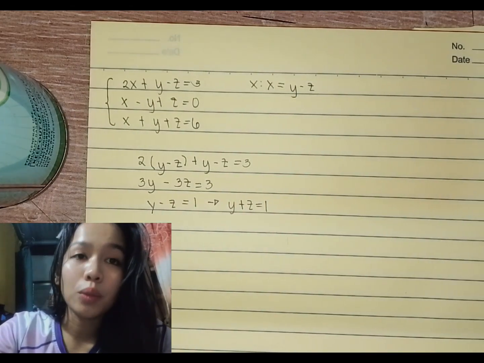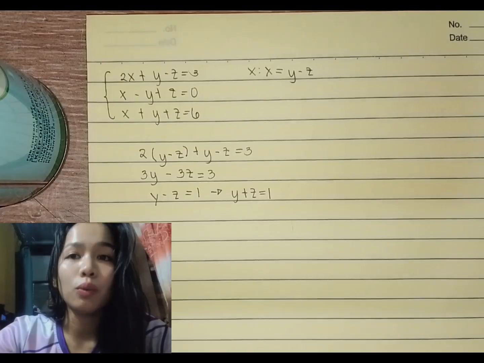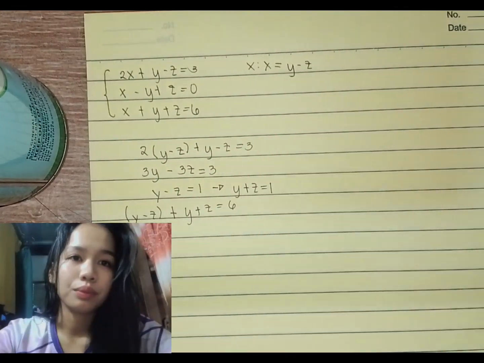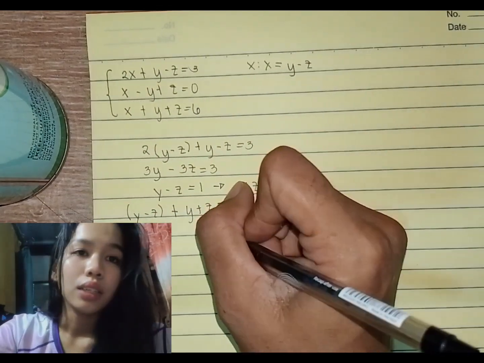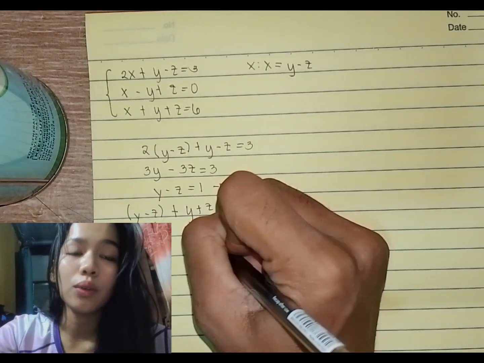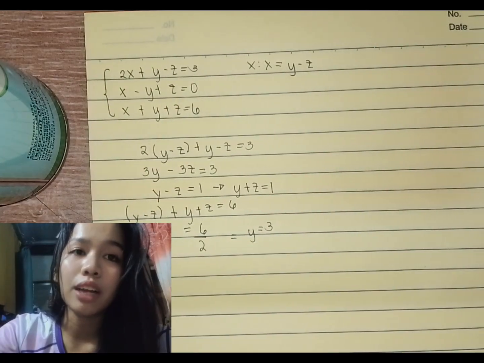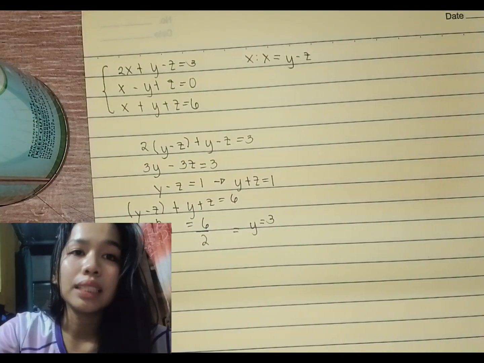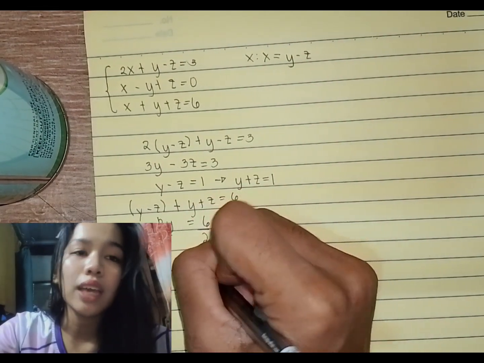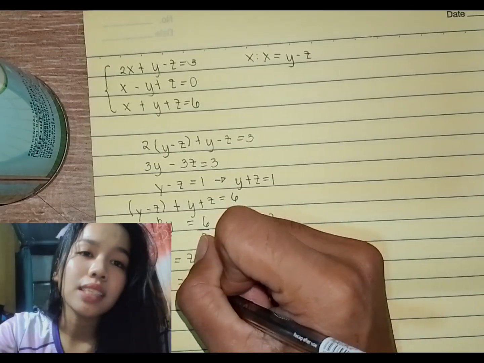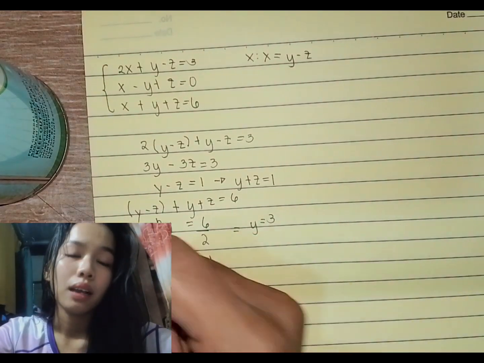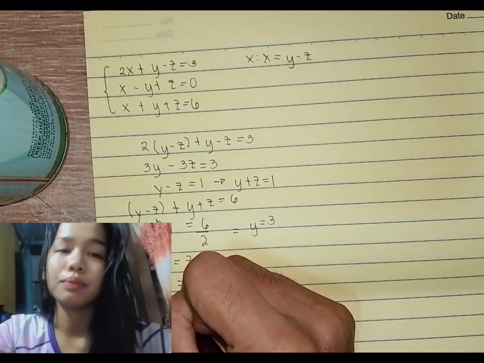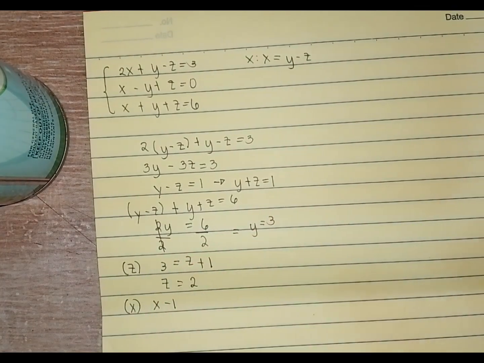The next step that we need to do is to substitute y is equal to 3 into equation 4 that we made before. The last step in solving these three unknown variables of linear equations is to substitute y equal 3 plus z is equal to 2 into the expression for x, which is x is equal to y minus z.